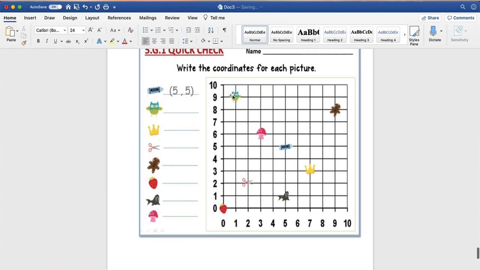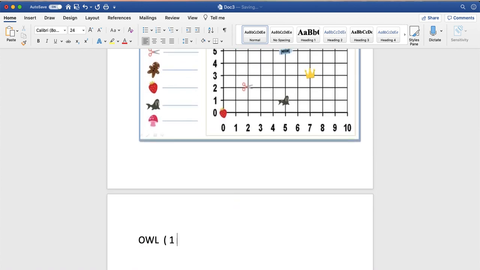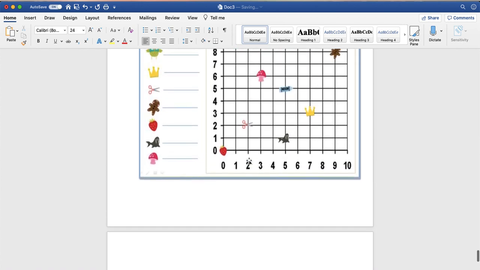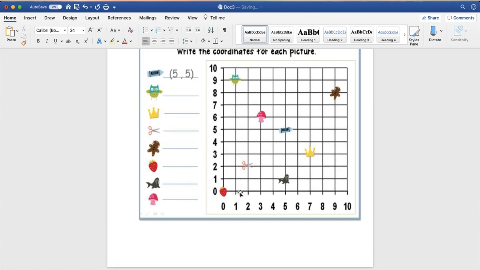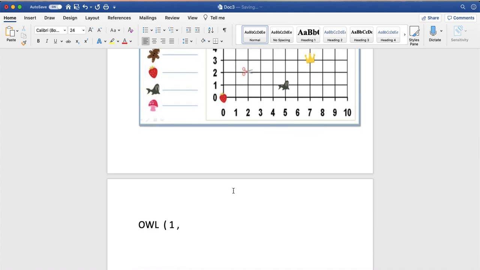My owl's up here. So I start off from my home, I cross over 1 time, run 1 time. So I write 1 followed by a comma. And how high do I need to jump to get to this owl? 1, 2, 3, 4, 5, 6, 7, 8, 9. I have to jump up 9 spots. So I would write 9 and close my parentheses.